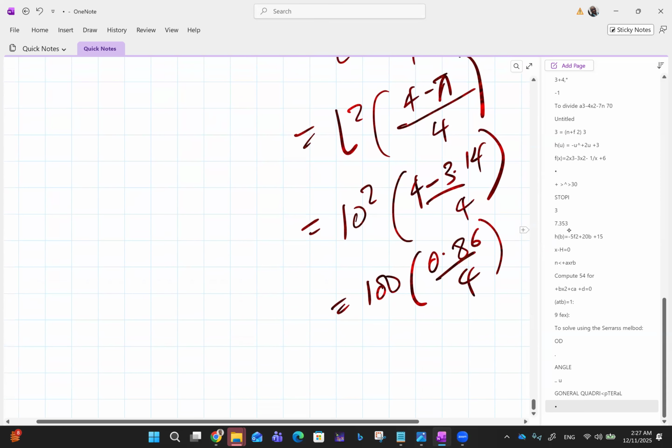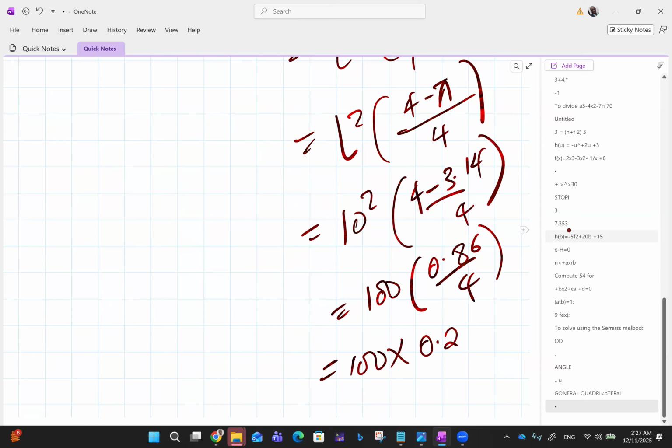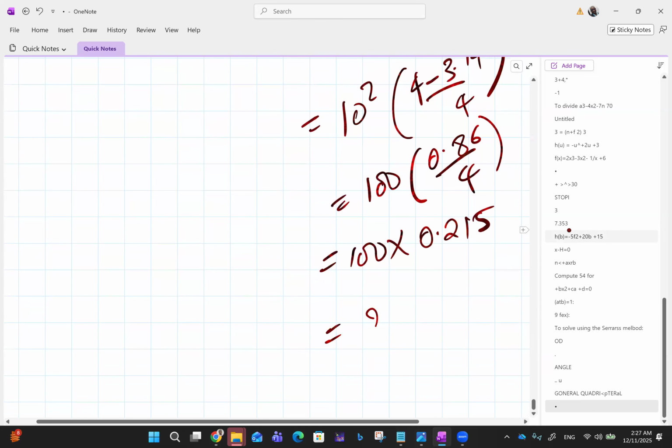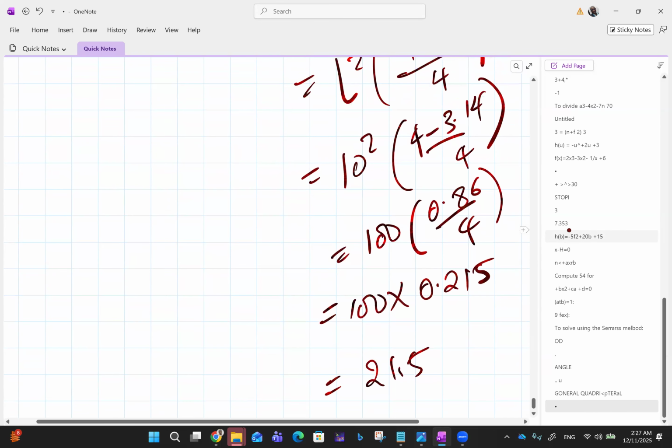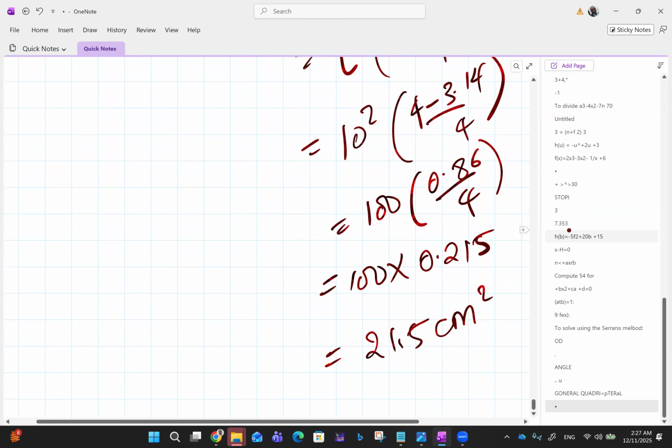I hope that's correct. 0.86 over 4 gives 0.215. Multiply by 100, that's 21.5. We're talking about centimeters squared now, so that's 21.5 centimeters squared. I believe that's correct.